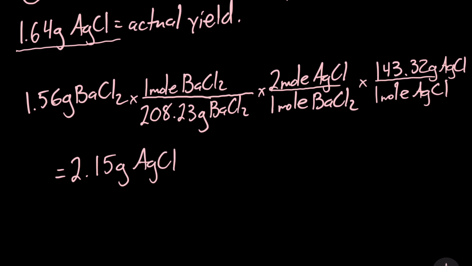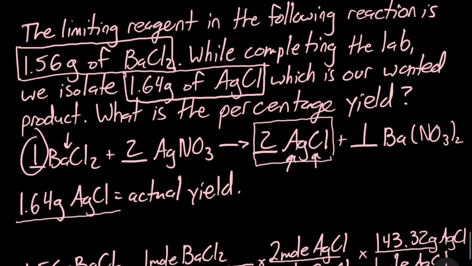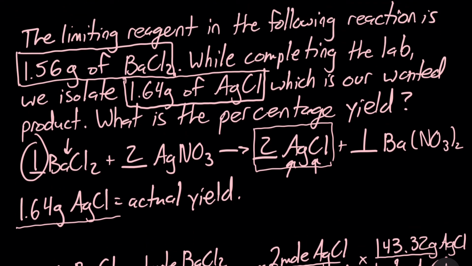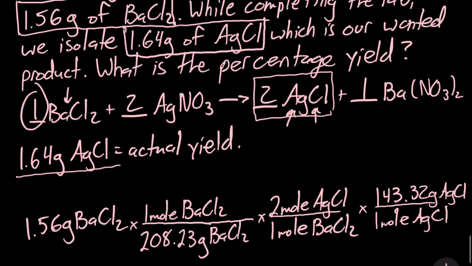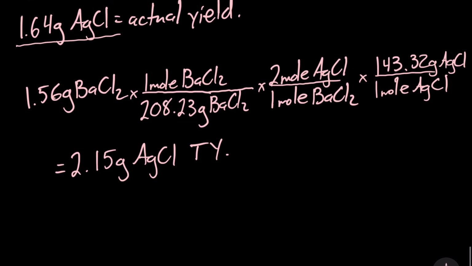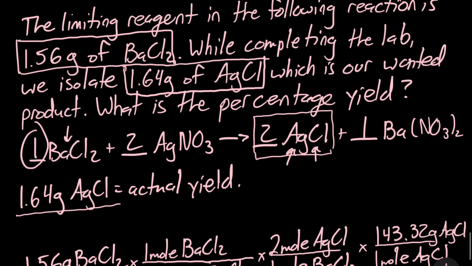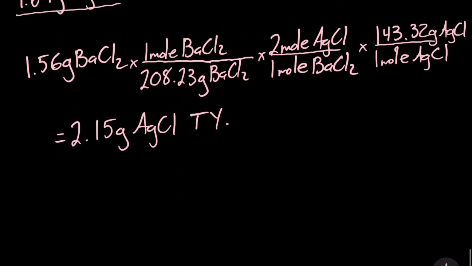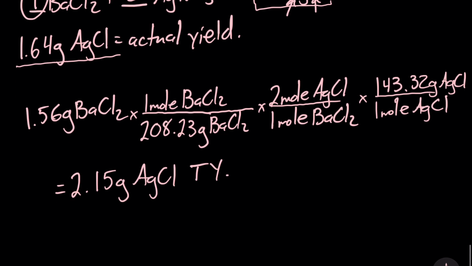However, this is not our final answer yet because it's asking for percentage yield. Okay, so we'll use this. 2.15 grams is our theoretical yield, and we also have from our question 1.64 grams as our actual. So 1.64 grams is our actual yield.